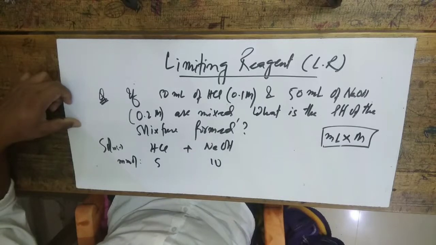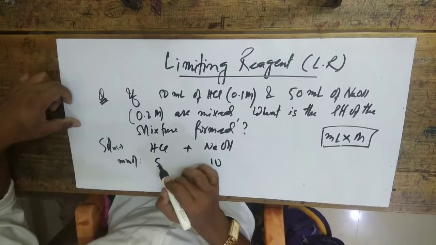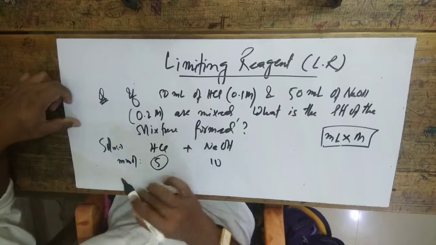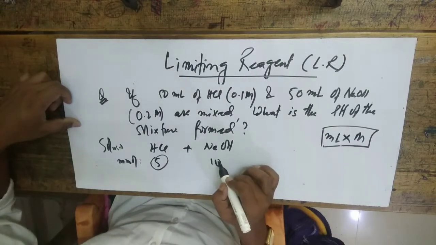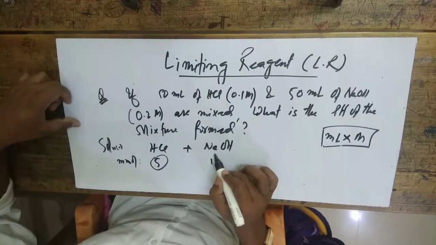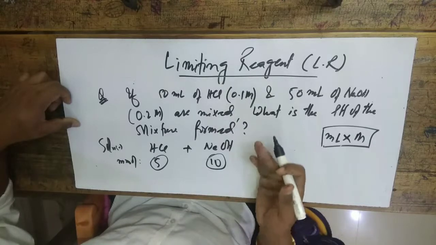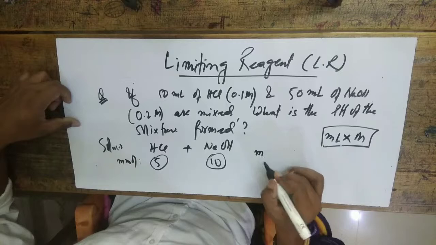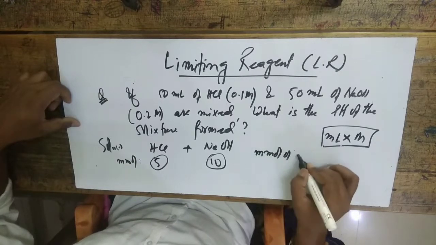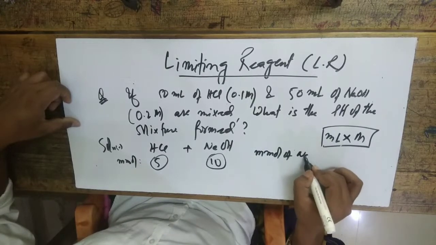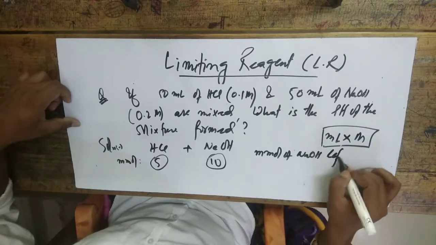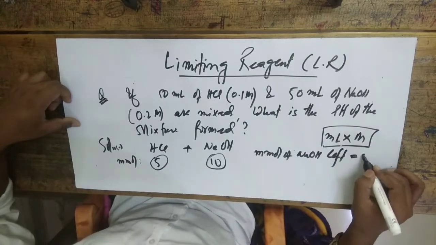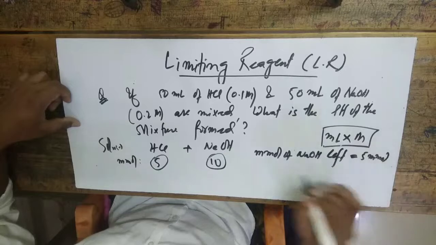So 5 millimole of HCl will combine with only 5 millimole of NaOH. So 5 millimole of NaOH will remain unreacted.